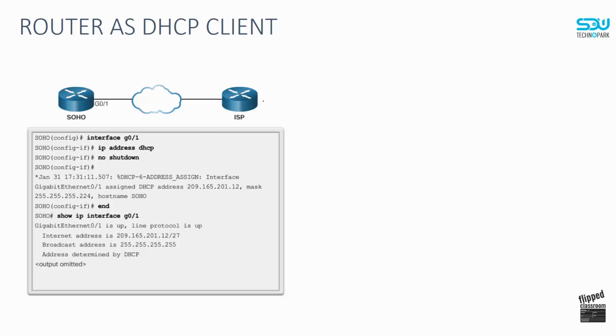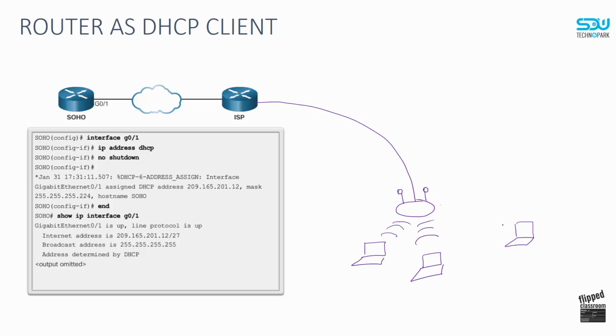Imagine that you have an ISP, internet service provider, and from the ISP you are connecting to the Wi-Fi router which you have at your home, and on one side your router is giving DHCP service for your clients. So you have 2 or 3 pieces of equipment connected to the DHCP server, and the DHCP server is actually integrated into your Wi-Fi router.